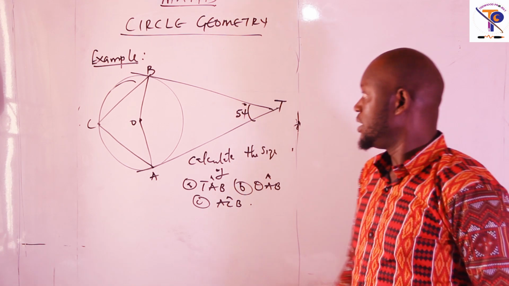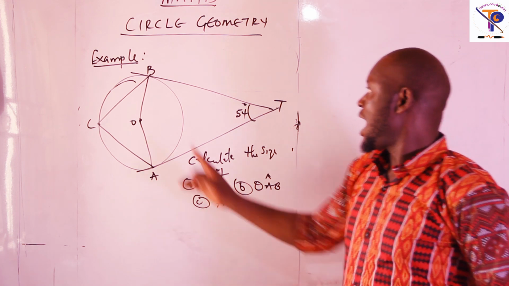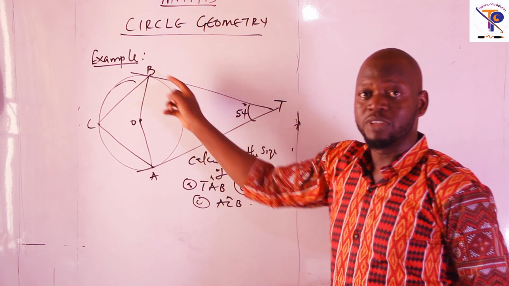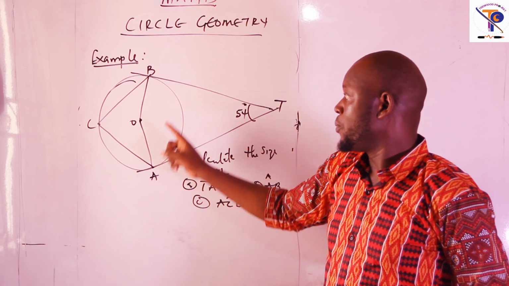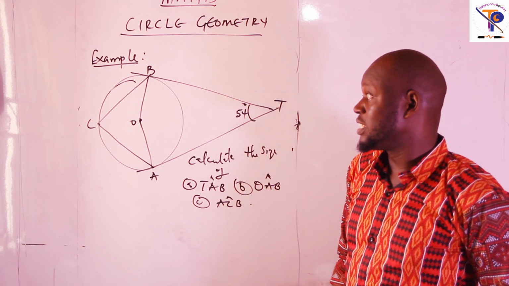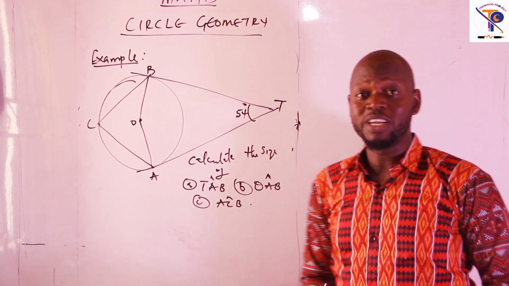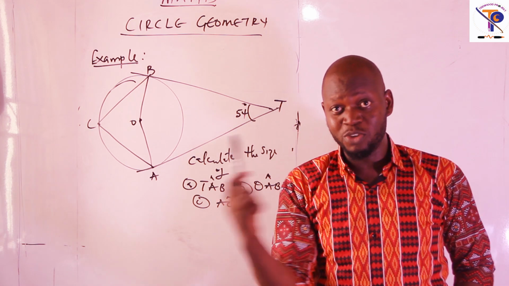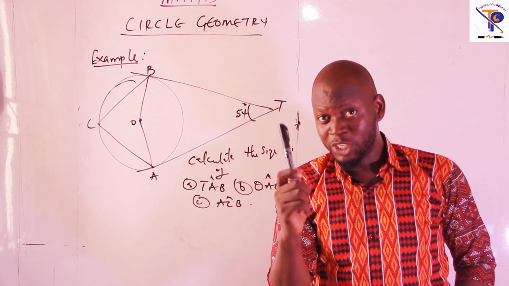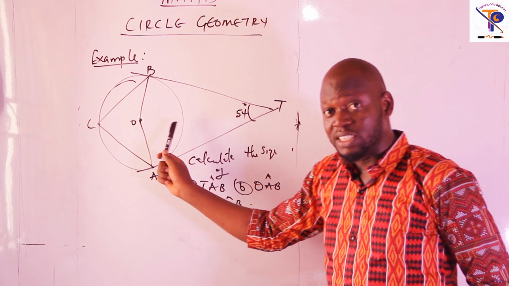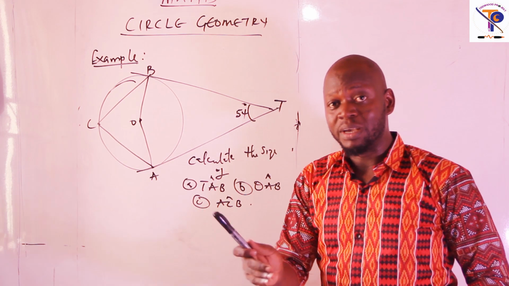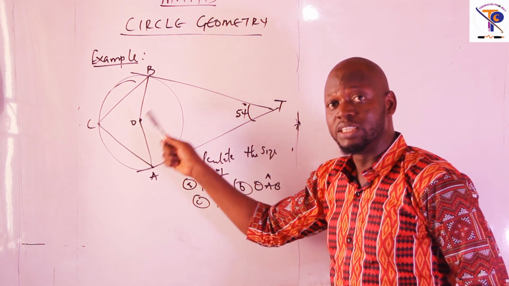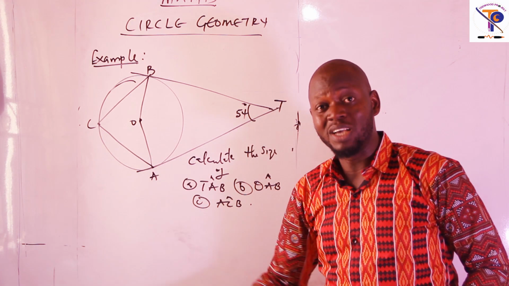Example now. Pay attention. We have two lines of tangents, and we have radii. Don't forget, what do you have with you when you're working? Your pencil. Please pick your pencil. Assuming we are doing the JAMB examination, all you need to do is relate it, then pick your answer directly.